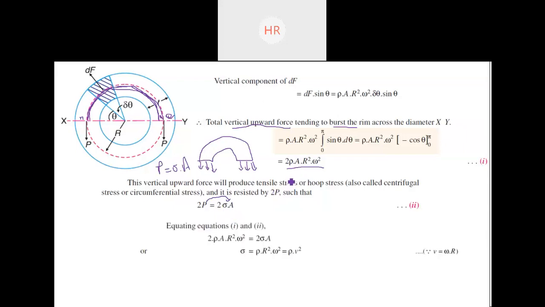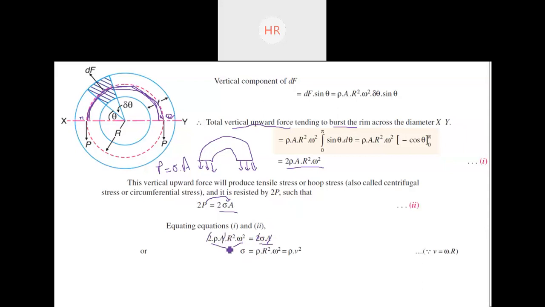So if you compare equation 1 and 2, then we get 2 times rho A R square omega square is equal to 2 times sigma into A. So we can write sigma is equal to, this 2 will get cancelled, this area will get cancelled.